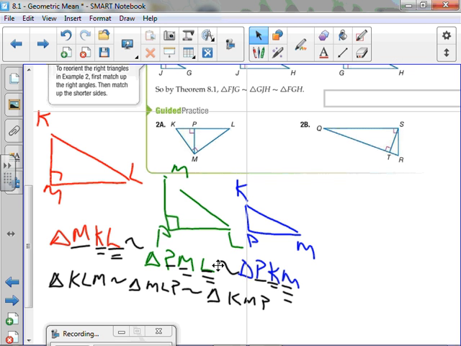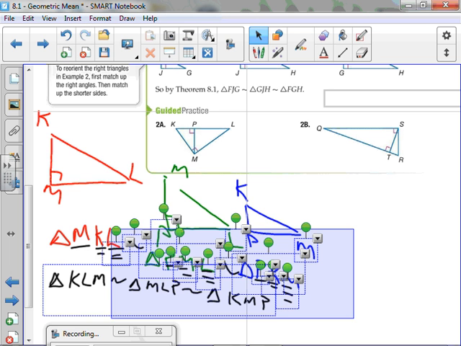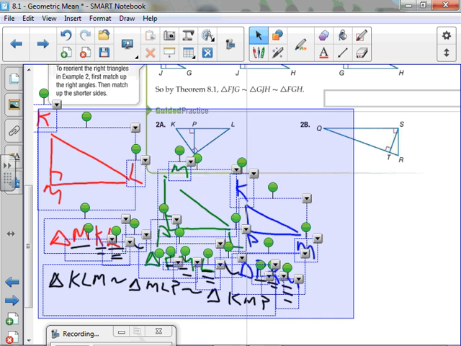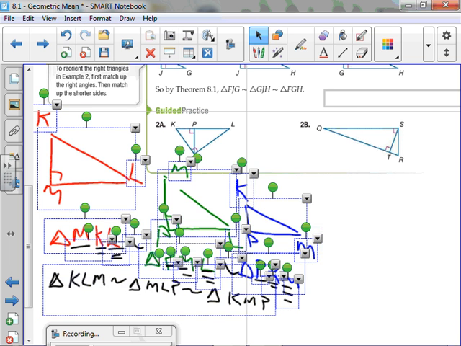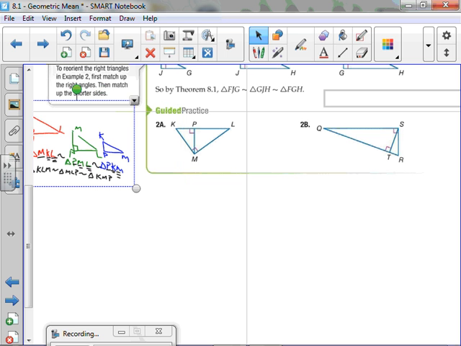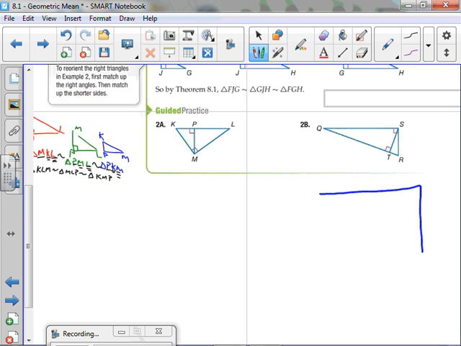Okay, and then finally, our tiny one. It doesn't matter how we draw them, as long as they're all in the same orientation. They're different, that's fine, as long as you get the same answer at the end. What is this right angle? T. It's still T. This one has to be, for the short leg, R. And so this has to be S. And notice, here's something very important to remember, everybody.